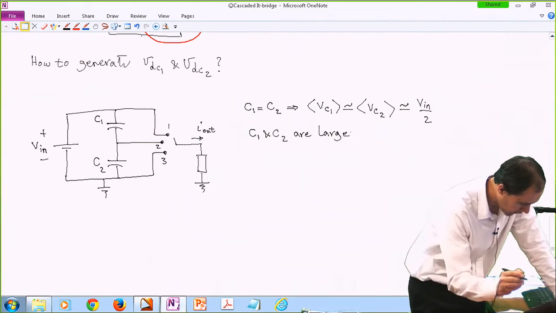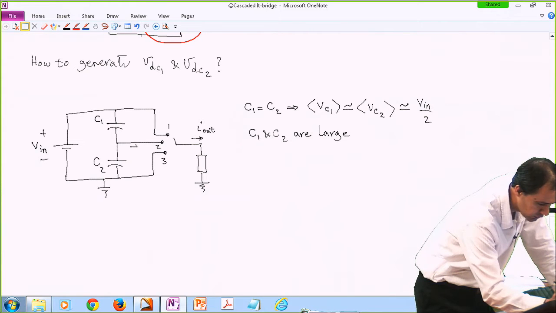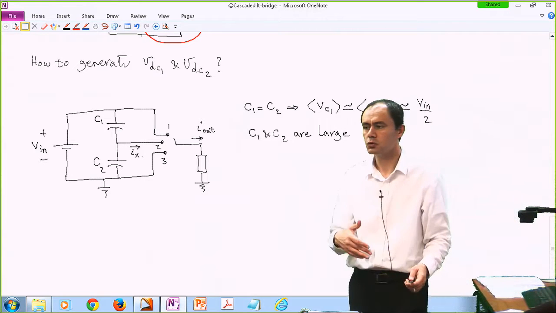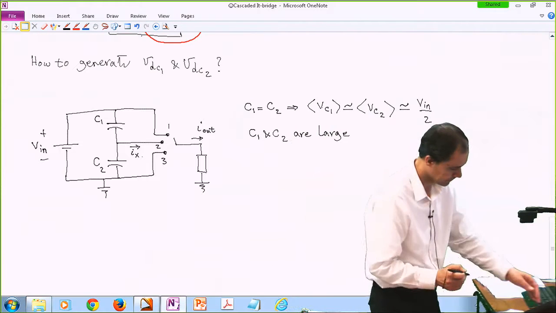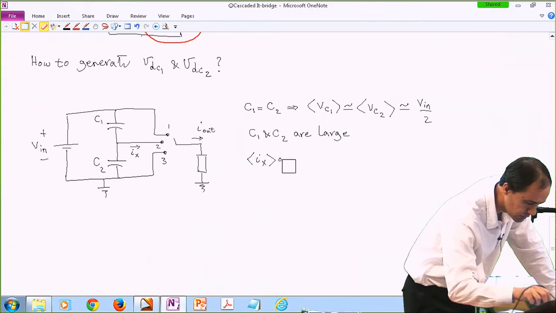And one thing to remember, if you're actually using a circuit like this, you got to make sure this current, I just labeled it to be IX, on average, your switching scheme should be in a way that on average IX is 0. Okay, has to be 0.